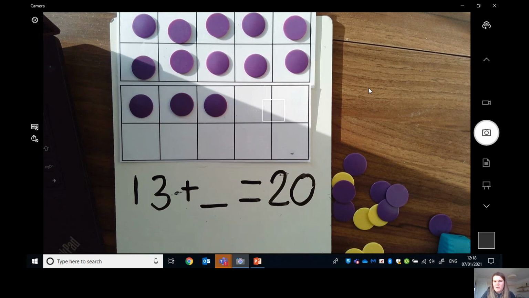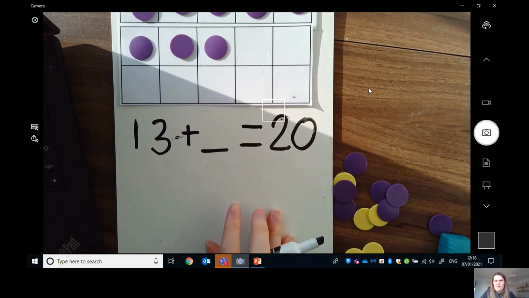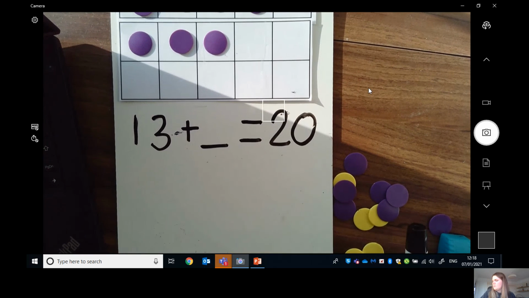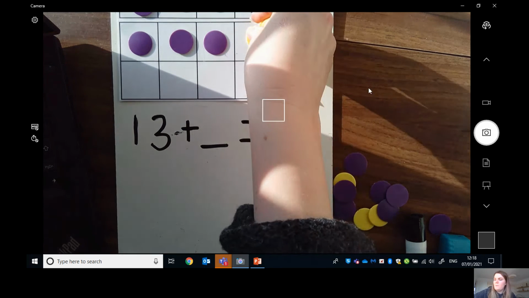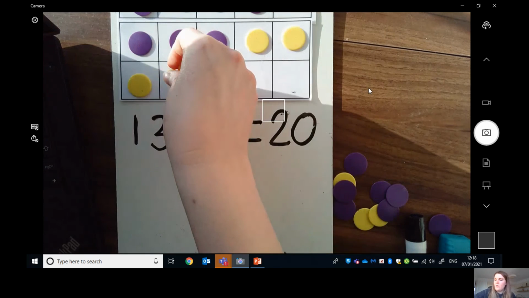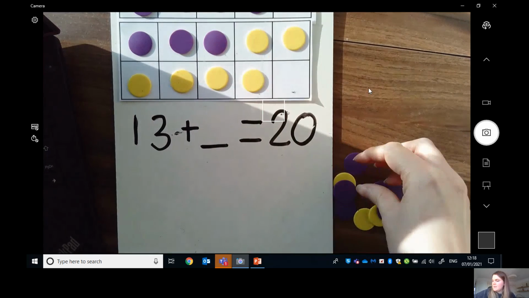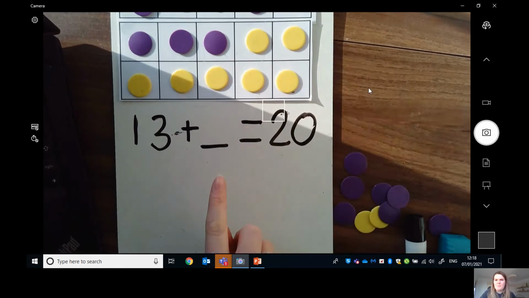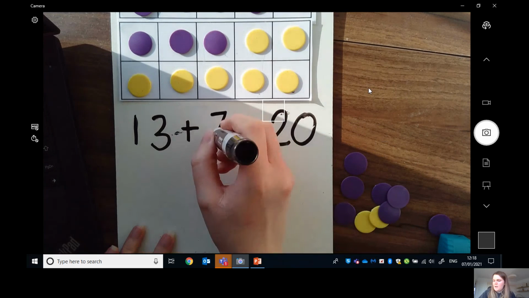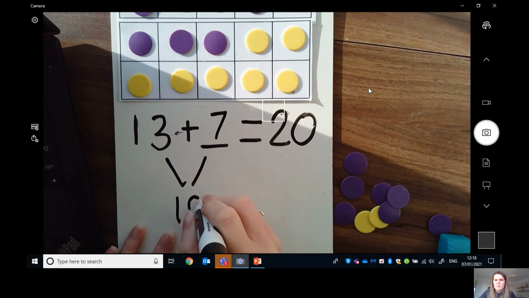The thing we have to do is break it down. So 3 plus what is going to fill out my grid? 3 plus, I think it's 7, 2. 1, 2, 3, 4, 5, 6, 7. We know that 3 plus 7 equals 10.